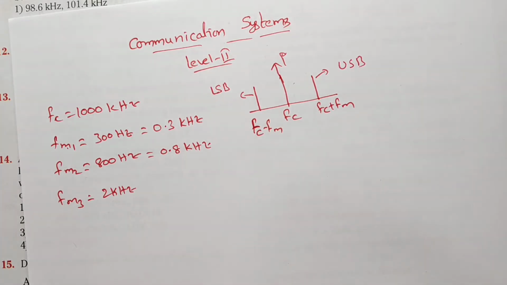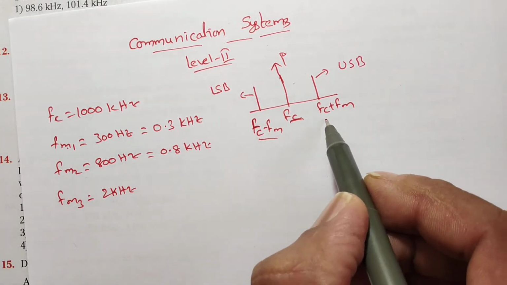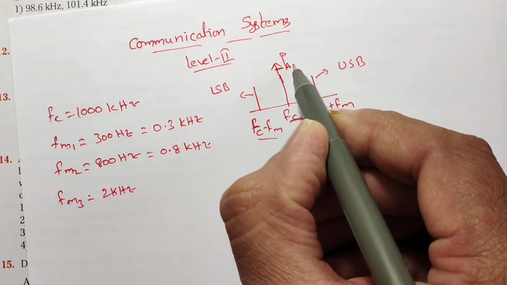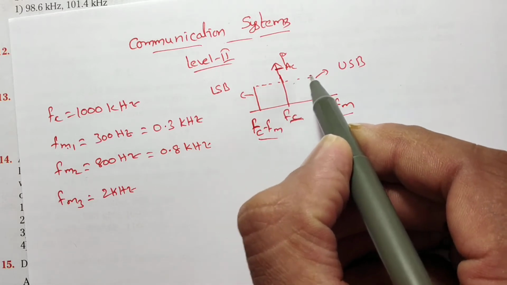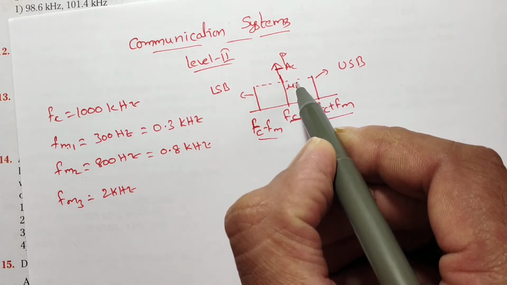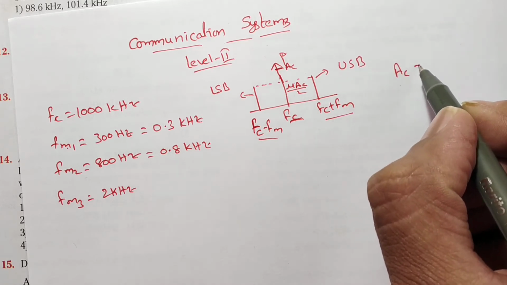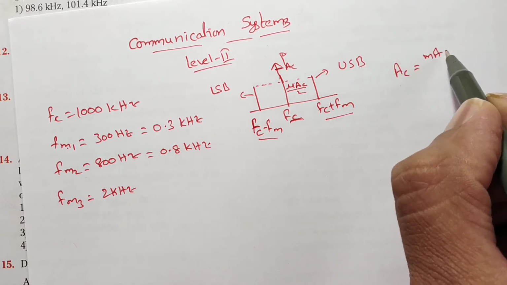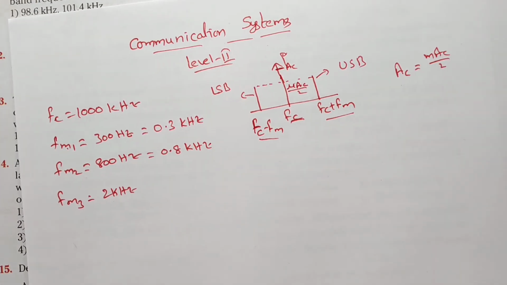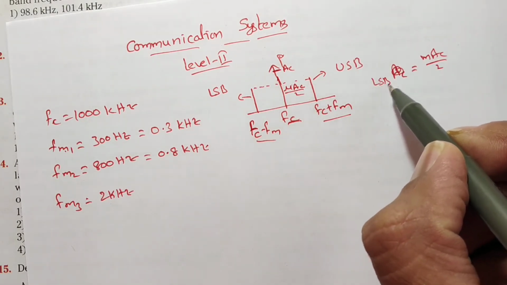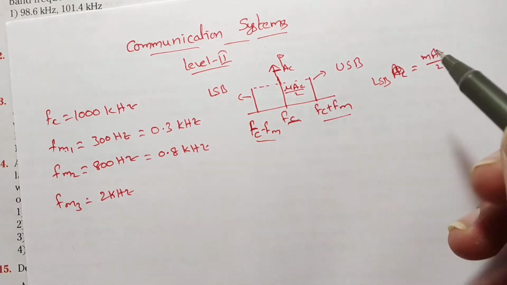These are the frequencies present. The carrier amplitude is Ac, and the lower and upper sideband amplitudes are mu Ac by 2. That means the amplitude of the upper sideband is m into Ac by 2, where Ac is the amplitude of the carrier wave and m is the modulation index, divided by 2.